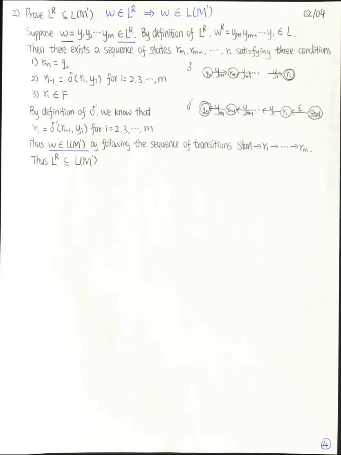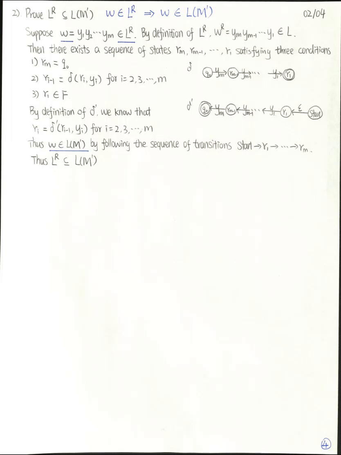From Ri, if I read a symbol Yi, then I can reach the next state, Ri minus 1. So the computation for this string is starting from Q0, consuming Ym, I reach Rm minus 1, and all the way to R1 by reading the last symbol Y1.